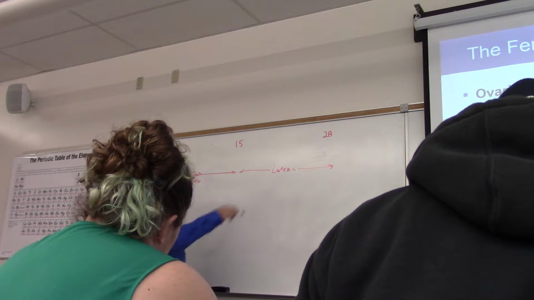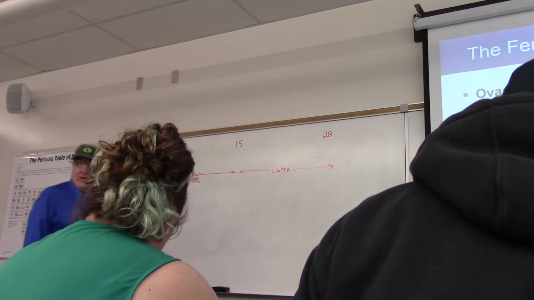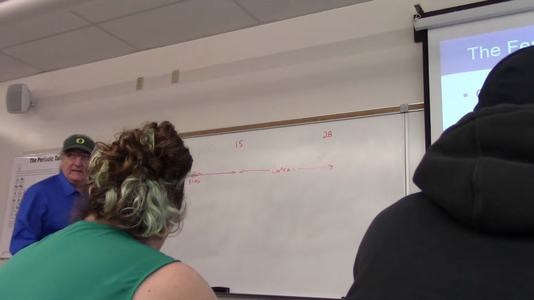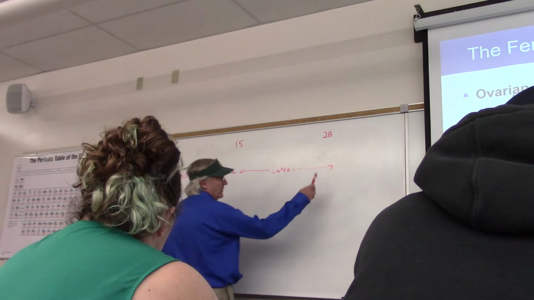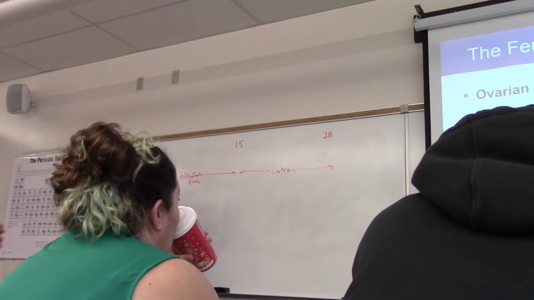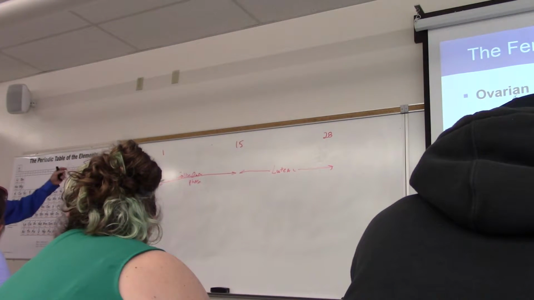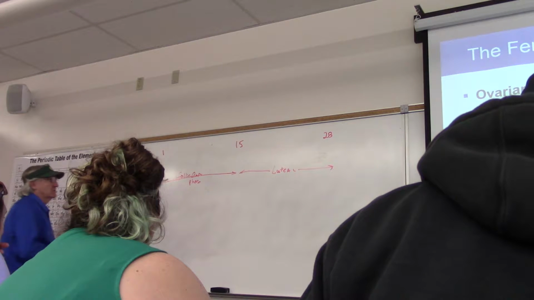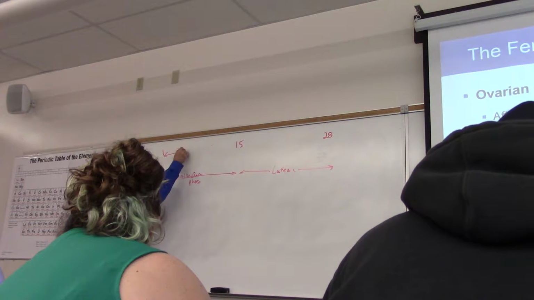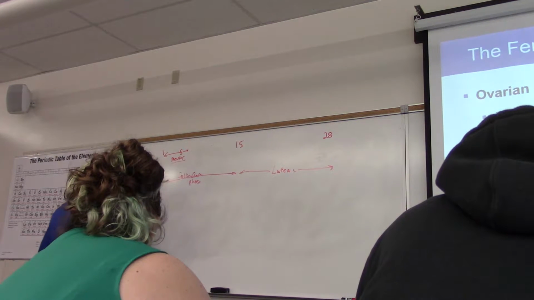If you get to 28 and you haven't gotten pregnant, and there hasn't been an egg and a sperm get together, and it hasn't started to implant in the wall and all the stuff it's supposed to do, then the hormone levels drop off. It's day 1 again, and day 1 is the day your menstrual period starts. So let's just say day 1 through 5 is the menses, the period.